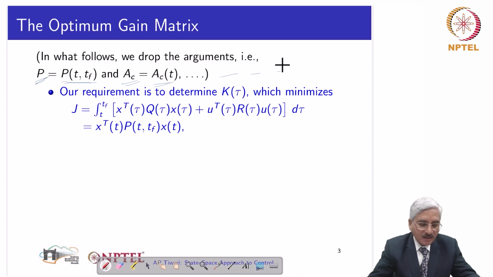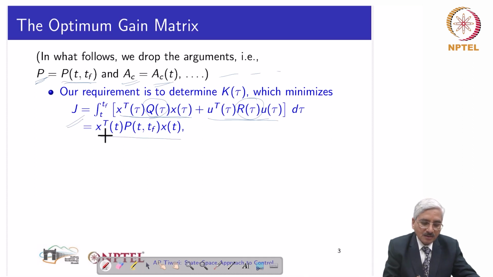So we specified this performance integral J, which was a quadratic in state weighted by weighting matrix Q, plus a quadratic in input weighted by the matrix R, and this was written as x transpose at time t, the now time or initial time, multiplied by P again x.